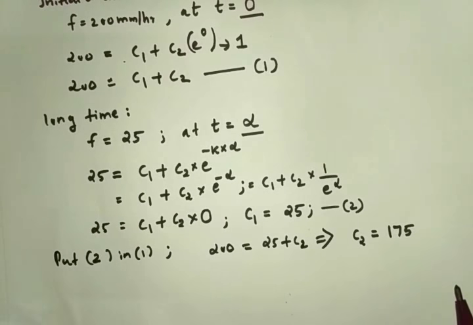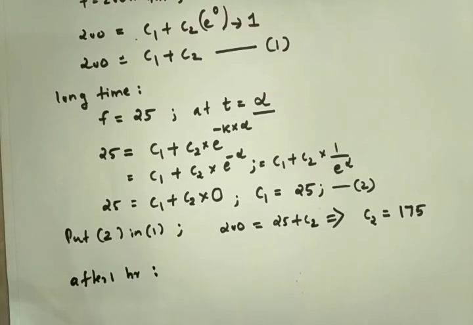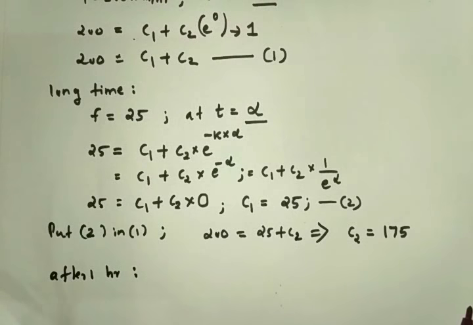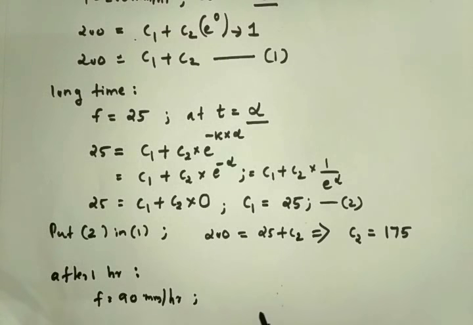Now we have the values of C1 and C2. Next, after 1 hour, the infiltration capacity is given as F = 90 mm per hour, so t is equal to 1 hour.